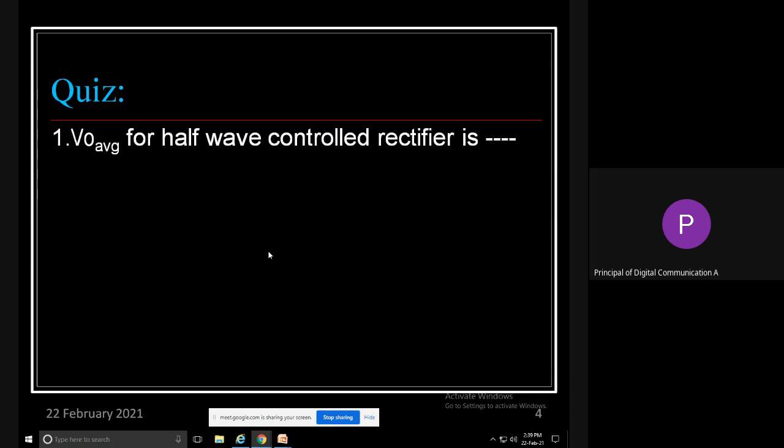Before that, I want an answer to one simple question from your side. If anyone has noted it down, or has gone through the PPT of the last session, you can give the answer. For a half wave controlled rectifier, what is the formula for VO, the average output voltage?